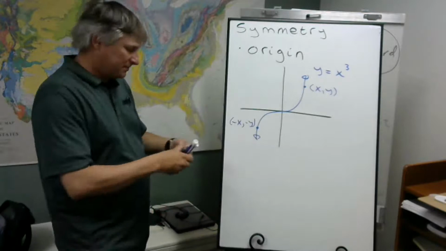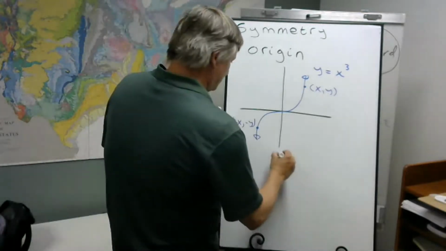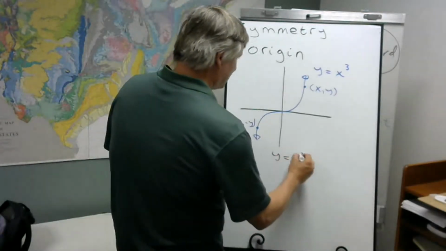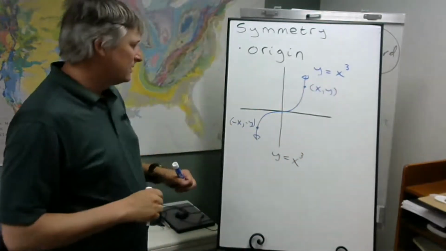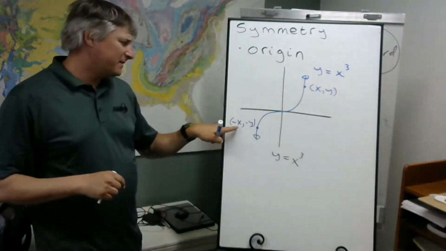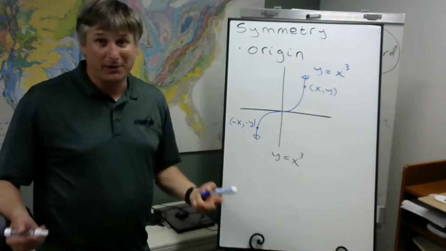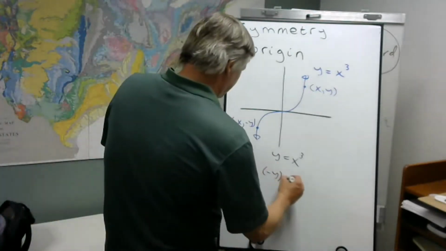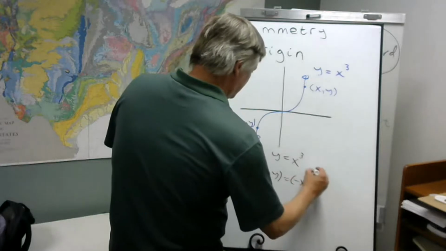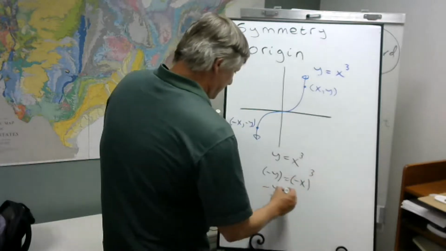And you can test this. Say we have y equals x cubed. We have an x and a y that make this work. So what happens if we substitute negative x and negative y? Do we get the same equation back? Well, we have negative y equals negative x cubed. Well, this is just negative y.